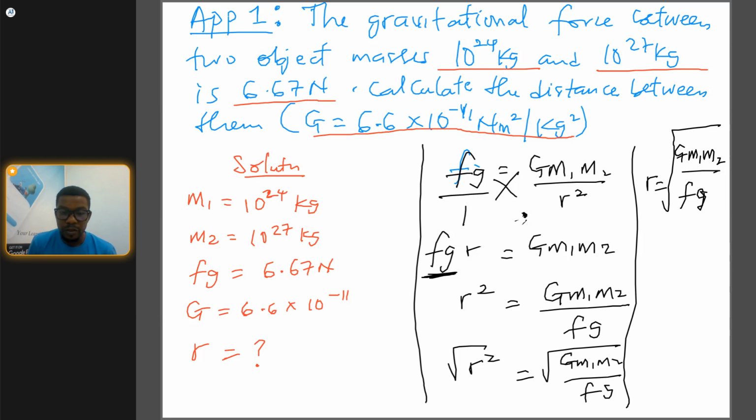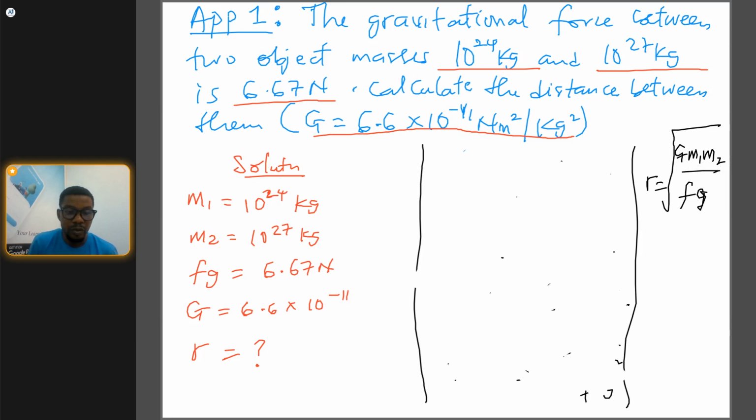Okay, we proceed to solve and get what R is exactly. All we have left to do is to substitute the given parameters into the formula we've derived.